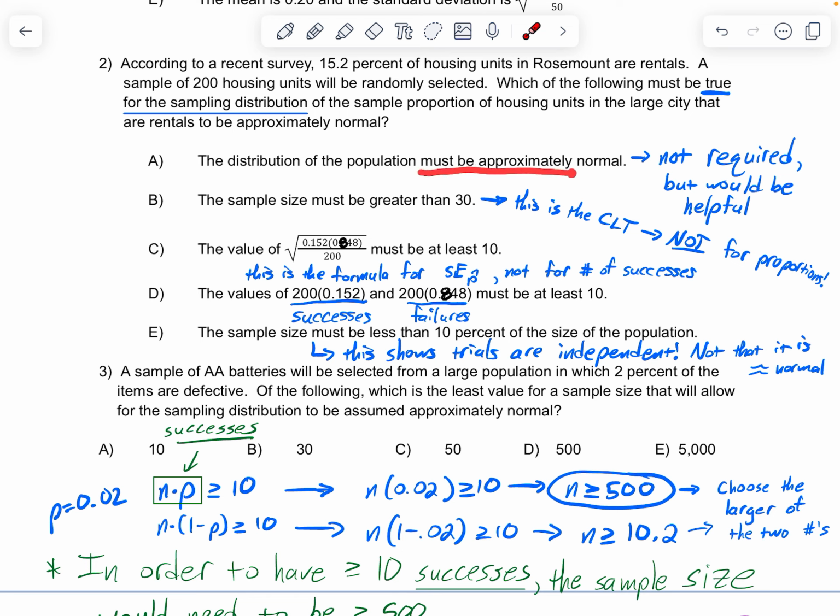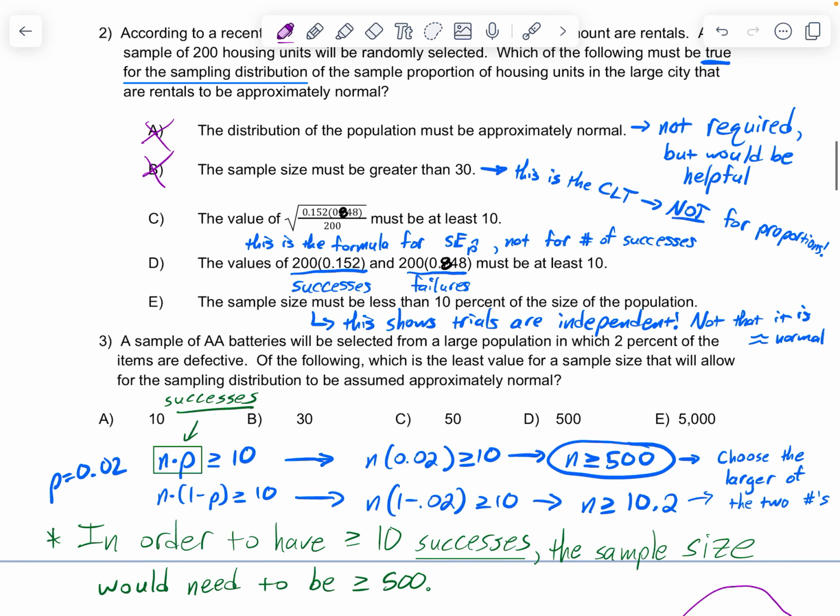This is also something we talk about more often with sample means, not percents. So it is not A. B, the sample size must be greater than 30. This is the CLT, and that is also not for proportions, that is for means. So you're crossing off those two.